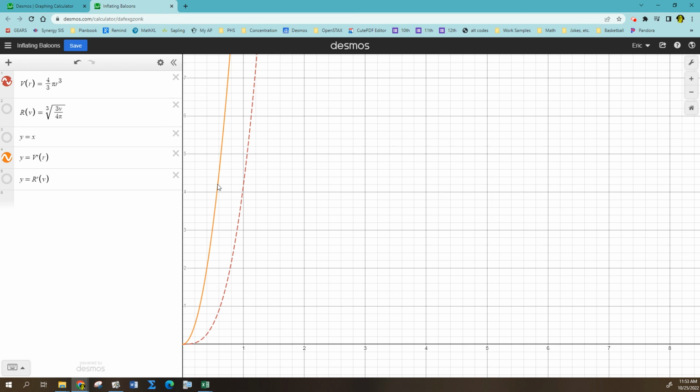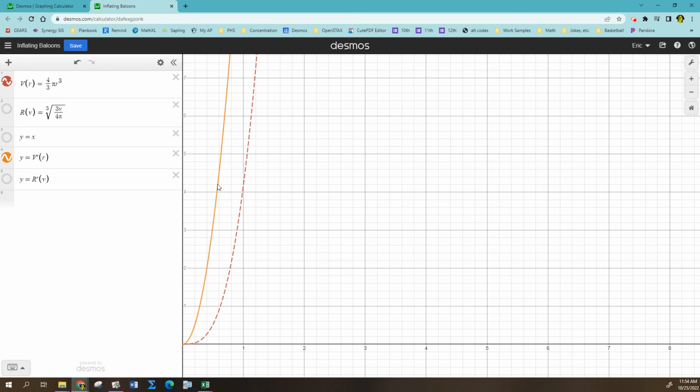If I have a small balloon that's got a radius of like 1 centimeter, and I put 10 cubic centimeters of air into that thing, well, that's massively increasing the radius, isn't it? That little bit of volume, that 10 cubic centimeters goes a long way.